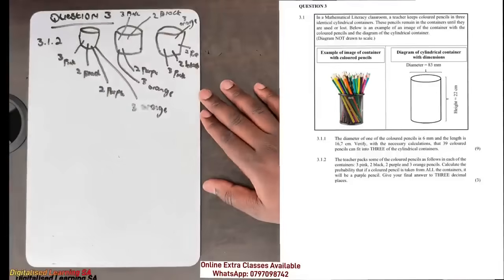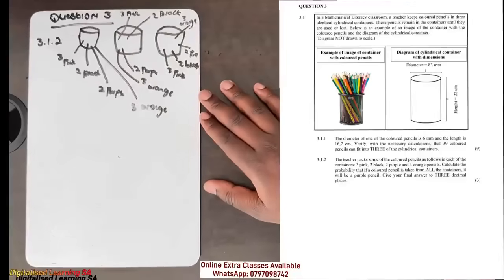Okay, so that's what that statement is saying. So we are told to calculate the probability that if a colored pencil is taken from all the 3 containers, it will be a purple pencil. Give your answer to 3 decimal places.